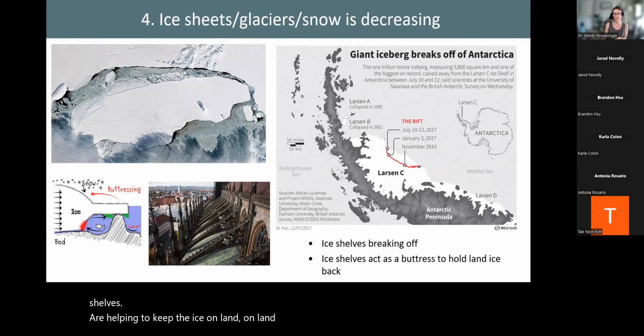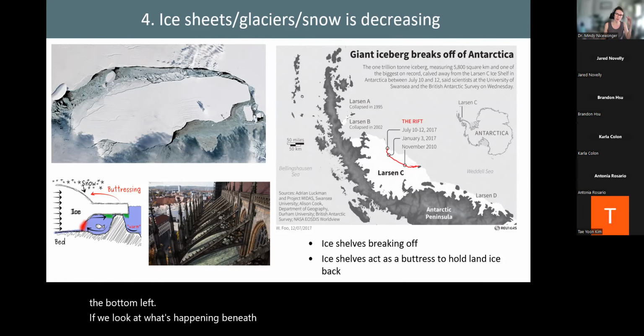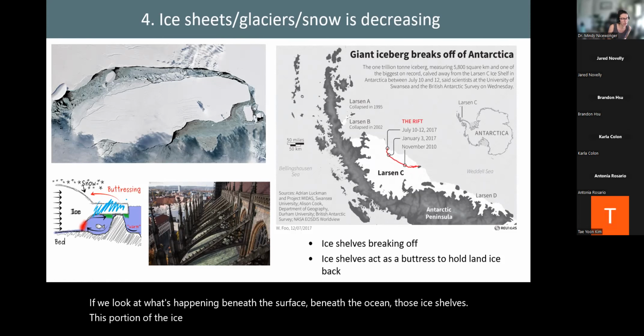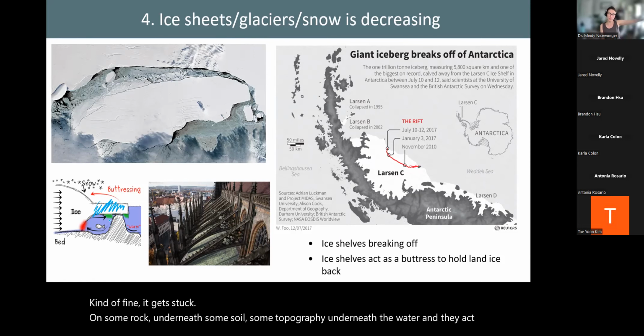We call this a buttressing effect. Here on the bottom left, if we look at what's happening beneath the ocean, those ice shelves, this portion of the ice in blue that I'm shading, get stuck on some rock, some soil, some topography underneath the water. And they act to hold back the ice.